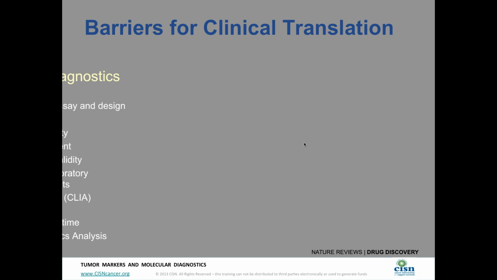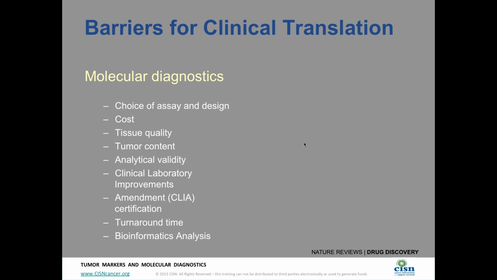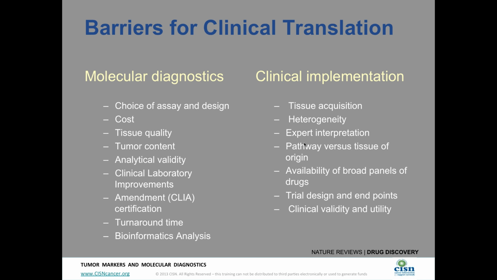So there are still some challenges for clinical translation. This was a table in one of the papers, the Nature Reviews paper that I cited at the bottom. For the molecular diagnostics, you know, the choice of the assay, the tissue quality, we know there's heterogeneity in the tissue, whether there's tumor content or not, turnaround time if you're waiting for a treatment, it really has to be timely, the validity of the test and all of that is important, bioinformatic information.